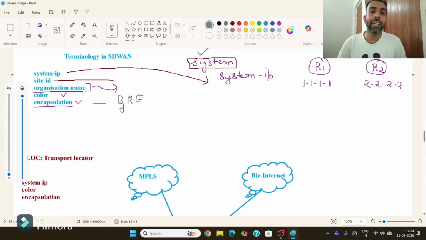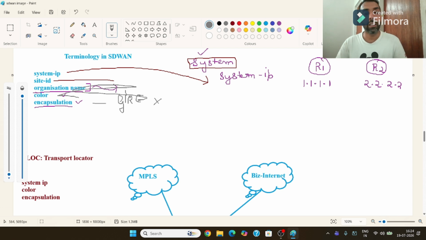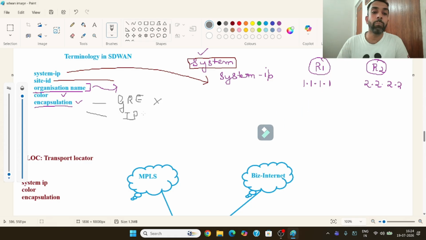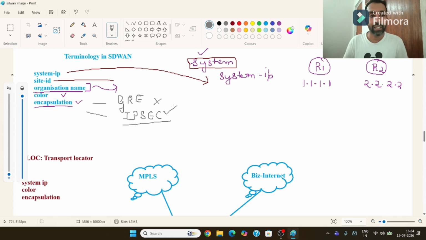You can create a generic routing encapsulation tunnel, which is not that secure, and 99% of the time on your routers you are going to configure the IPsec tunnel. So an IPsec tunnel is majorly created between the routers so that the data can be forwarded by the routers. Yes, so you are going to define the encapsulation and color on the interface.